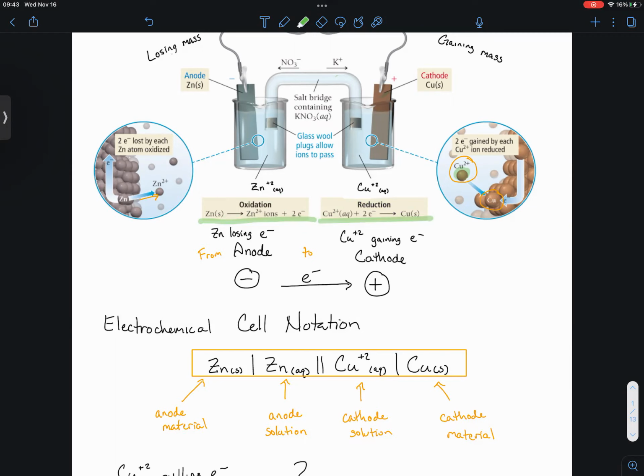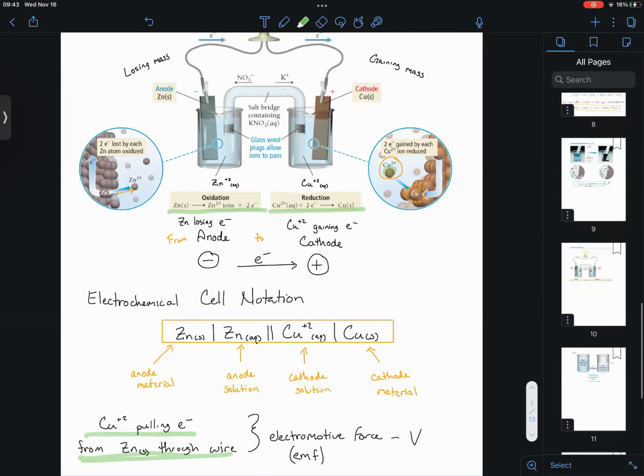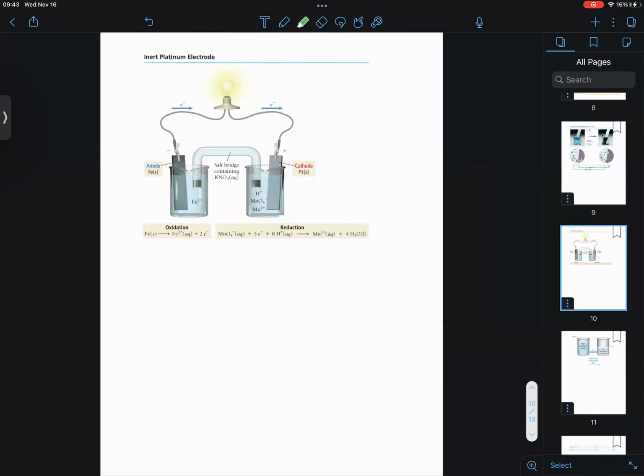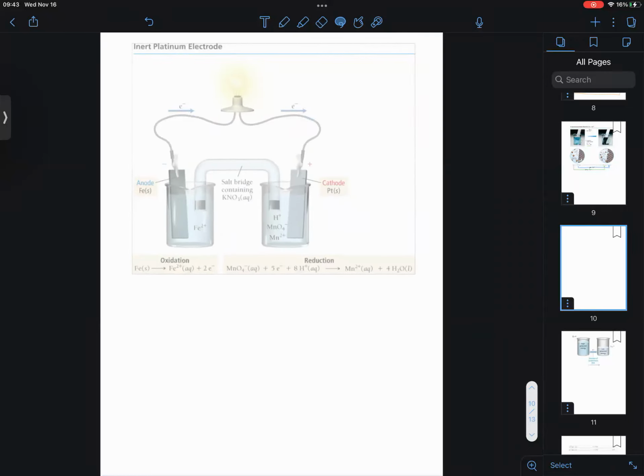All right, so now let's practice what we learned about using our constants page by taking a look at another battery, because zinc and copper aren't the only thing that we can use. As we saw from that big table, you can switch up what your anode and cathode are.